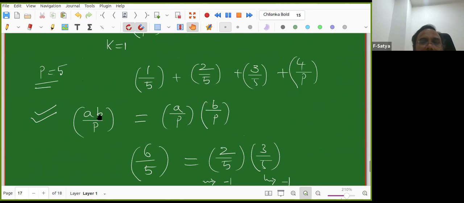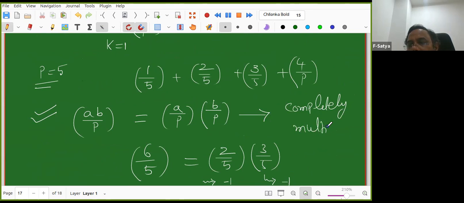I'm not asking that (A, p) GCD 1. So the beauty is that it is a completely multiplicative function. So those who are attending today, I hope you understand how beautiful the subject is.